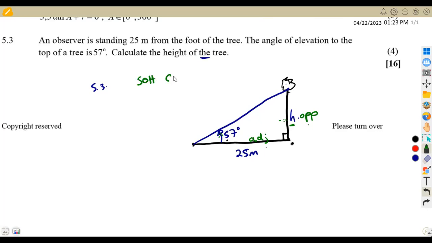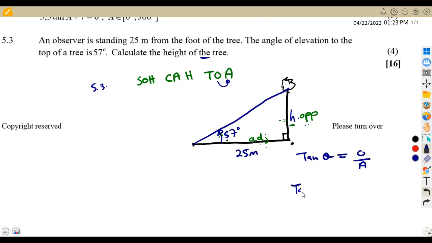There is only one ratio that has opposite and adjacent, and that is tan. So tan of theta is opposite over adjacent. We can use this ratio to determine even a side; it's not only about calculating angles, but also sides.